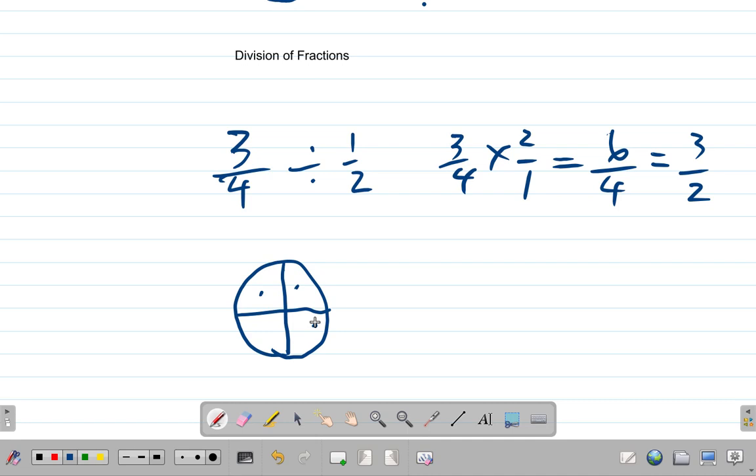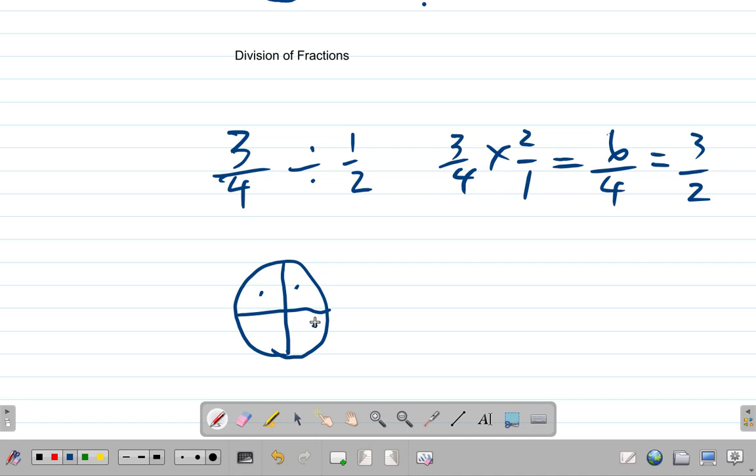It was double, twice. So if you have a number and you divide by a half and you get 10, it means what you have now, the 10, is double what you had before.